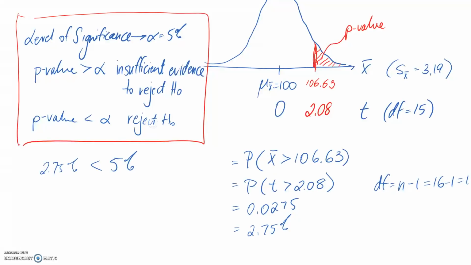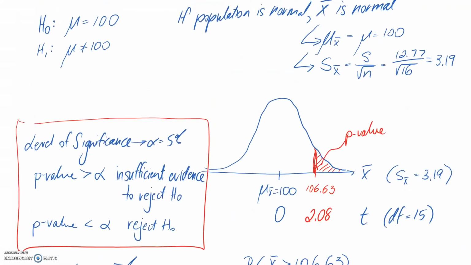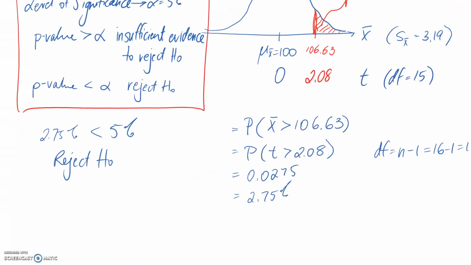So that means that we are going to reject H0, and if I scroll back up, H0 was that the mean of our sample was 100. So in fact, our mean is not 100, which means that the class is smarter than the general population.